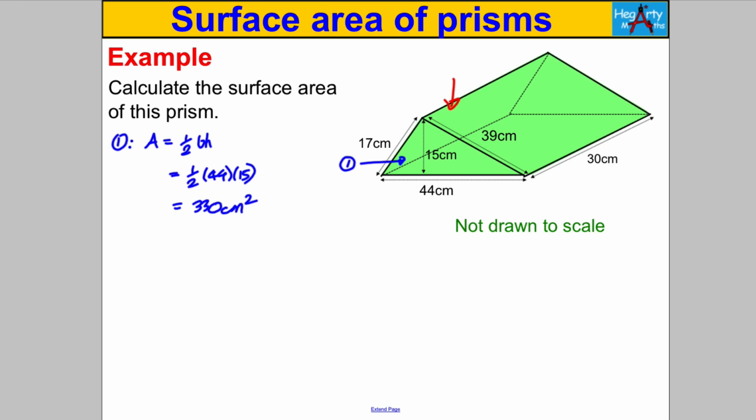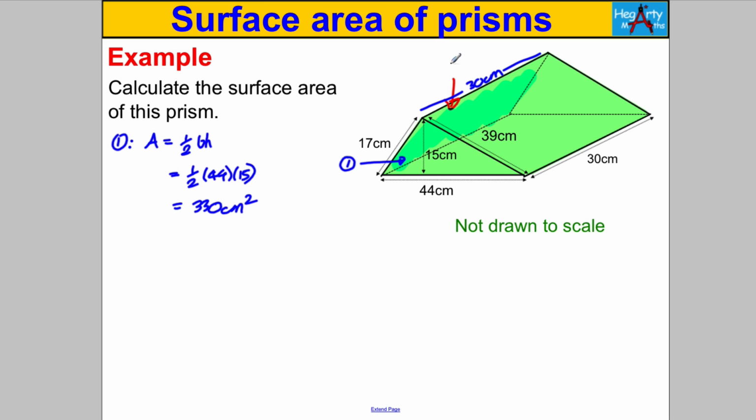Let's imagine this back rectangle here. So I'll just highlight this for you. I'm trying to work out the area of this, which if you imagine it is going to be a rectangle. So that there has height 17, and because this distance is 30, this distance is 30, and this distance also must be 30 centimeters.